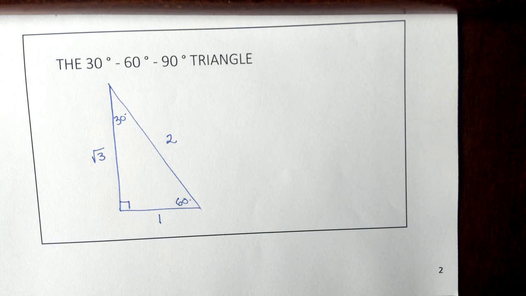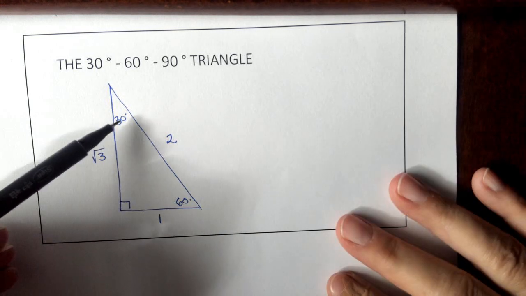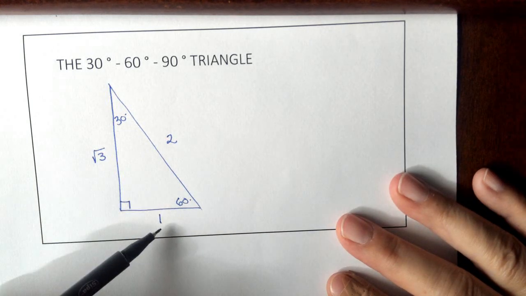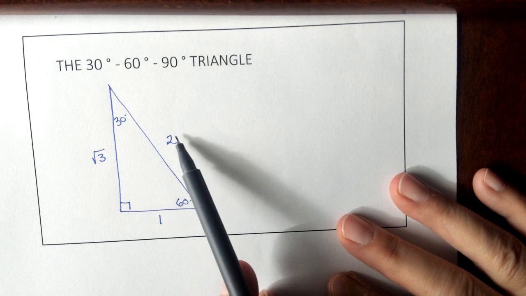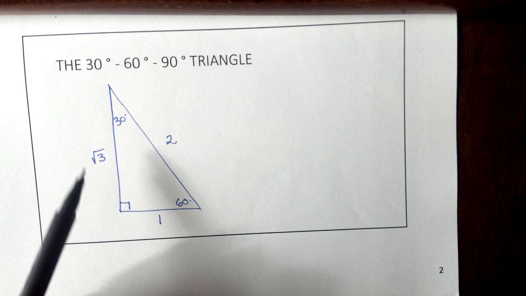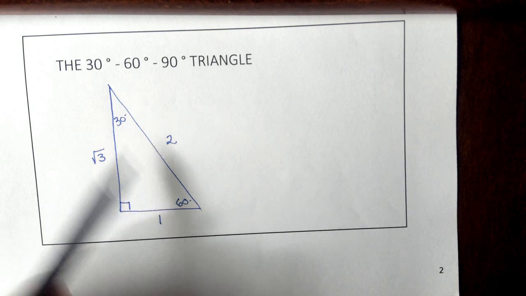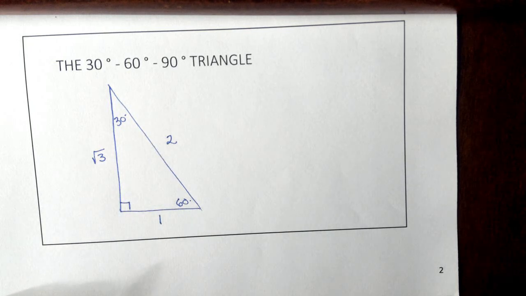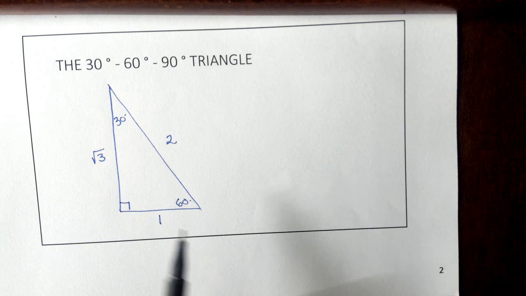It is super important that you get the right sides and the right angles opposite each other. Little angle, opposite the short side. Big angle, opposite the biggest side. The most common mistake that students make is getting the sides labeled incorrectly with respect to those angles. My suggestion is when you use this triangle as a reference triangle, you draw it in the same orientation as the problem that you're working with, and you label your angles first, and then label the sides to correspond to them.